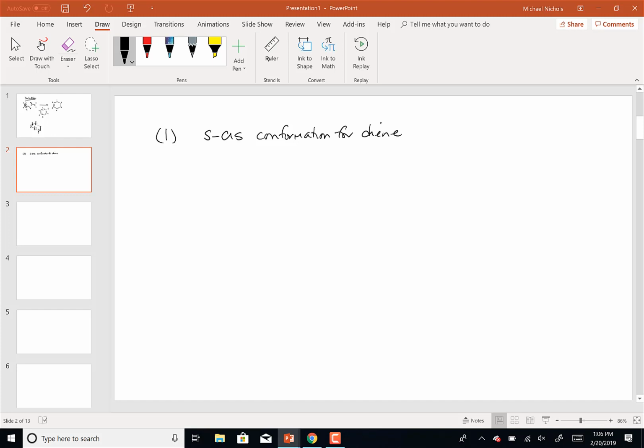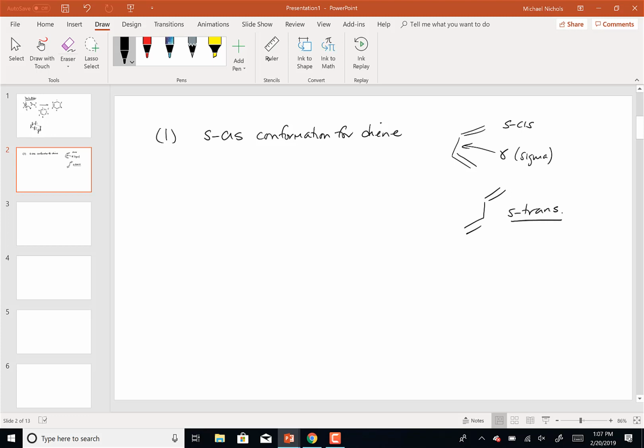What does that mean? Well, for the diene, you have a sigma bond. When we talk about S-cis, we're talking about rotating around that sigma bond so that the double bonds are either cis, or this is the S-trans.